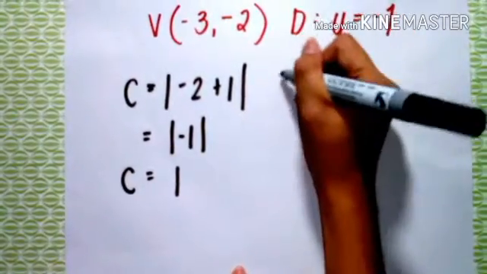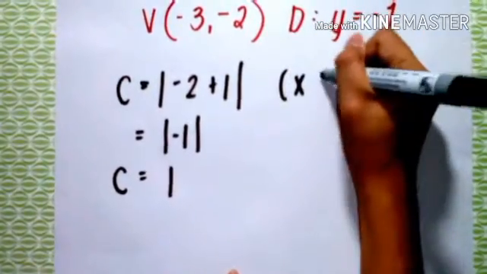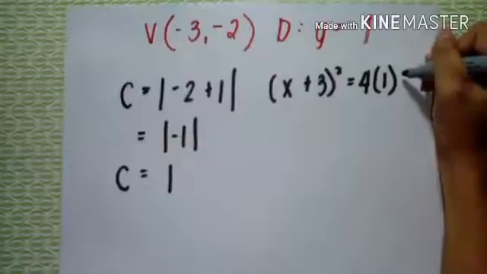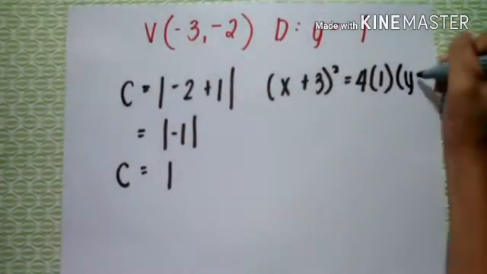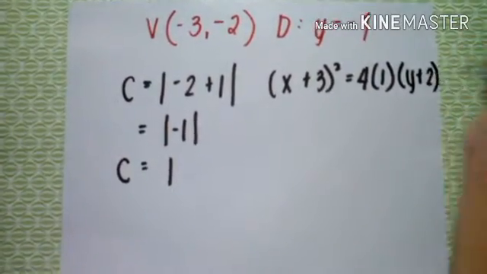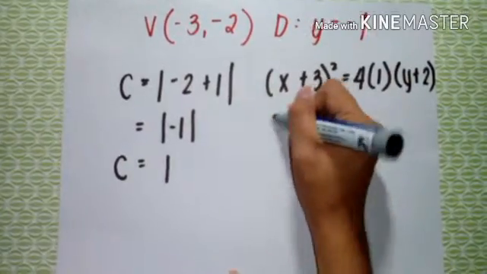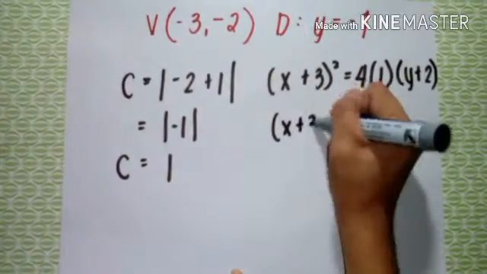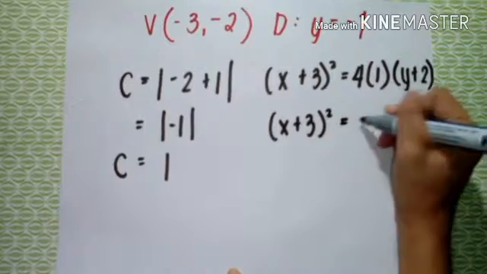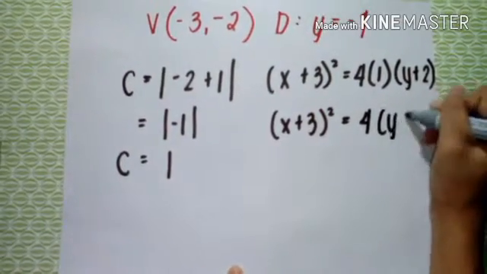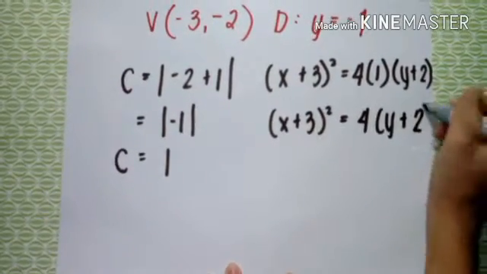We will use then case number 1 since the directrix is y equal to a negative number. We get (x plus 3) squared is equal to 4 quantity of (y plus 2) as an answer, and since we're looking for the general equation, we'll proceed to the factoring.